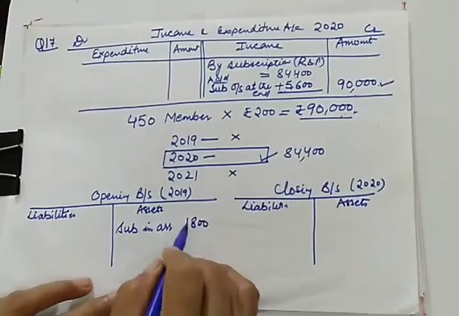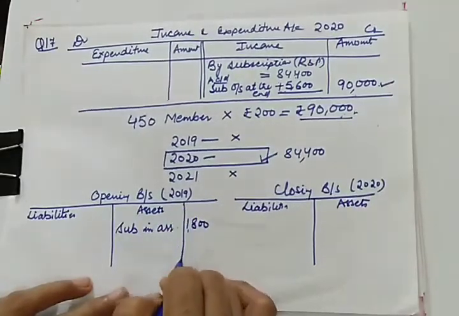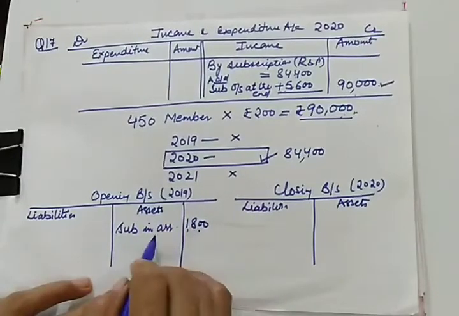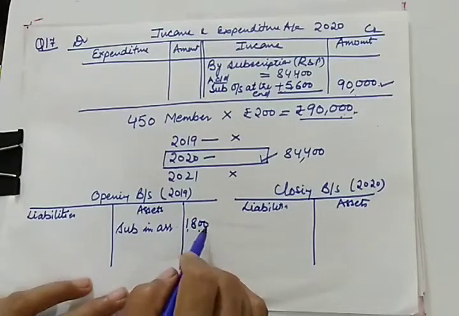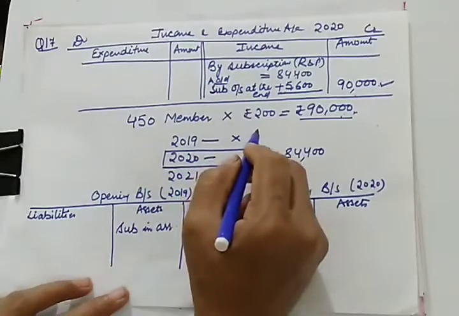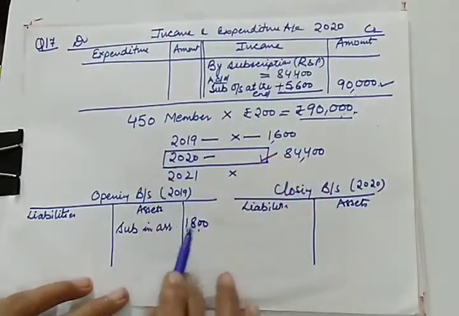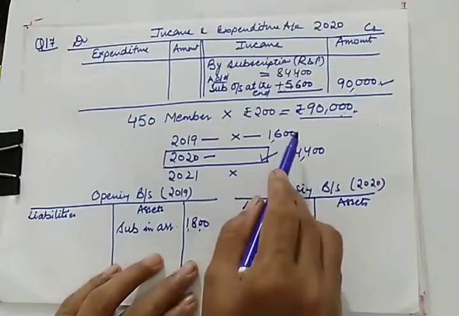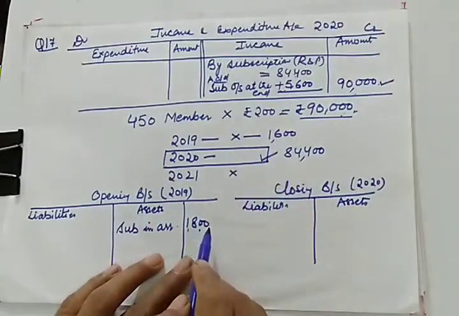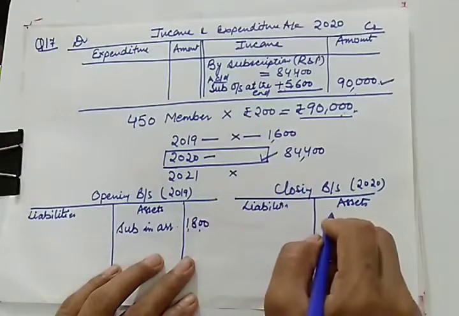What is the meaning of this? It means this much was outstanding. Now out of this, how much is received in the current year? Received in the current year is 1600. So out of 1800, 1600 is received in the current year. It means the rest is still outstanding.